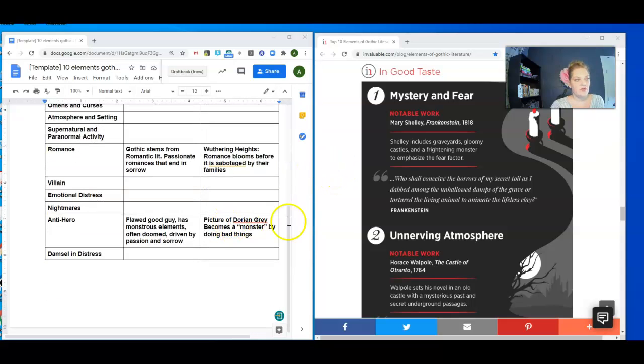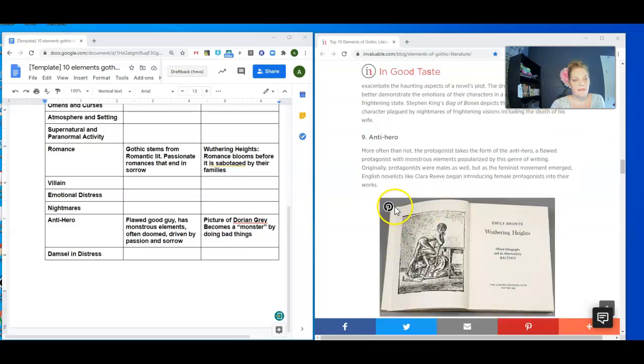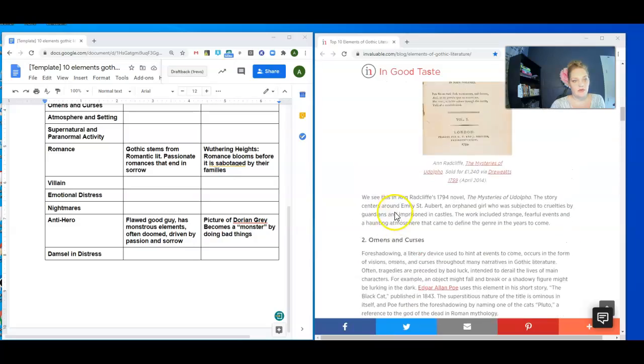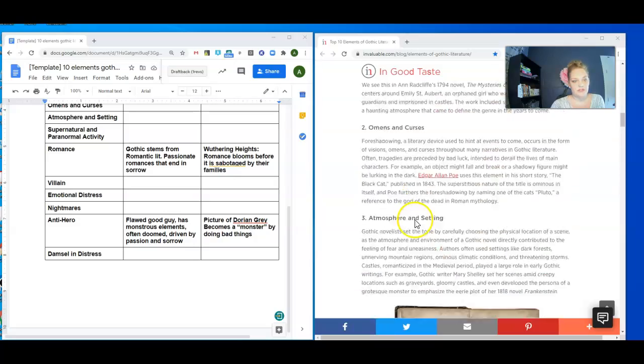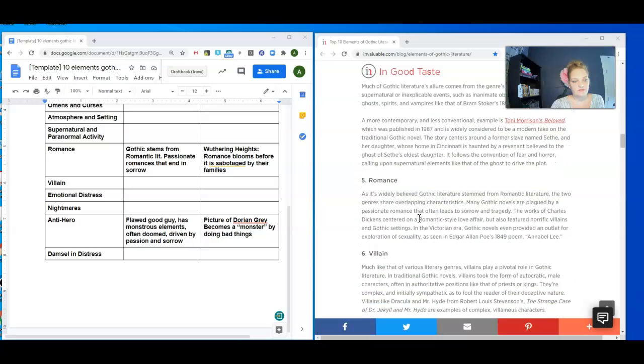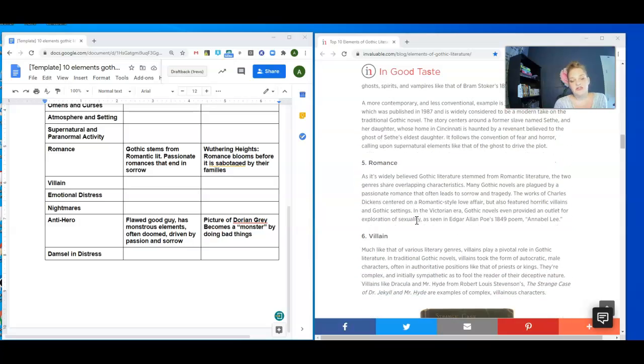Okay, so I did romance for you guys as well. So we go to romance, and we just do the same thing. It's widely believed Gothic literature stemmed from Romantic literature. The two genres share overlapping characteristics. Remember, you saw that in the Ed Puzzle too, that Gothic kind of stemmed off from it. Many Gothic novels are plagued by a passionate romance that often leads to sorrow and tragedy.